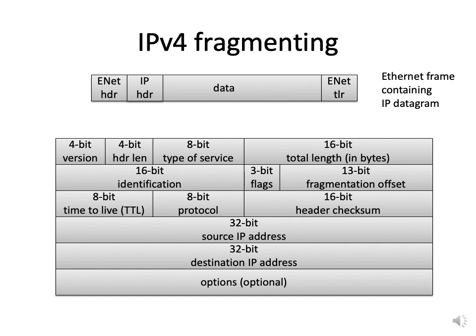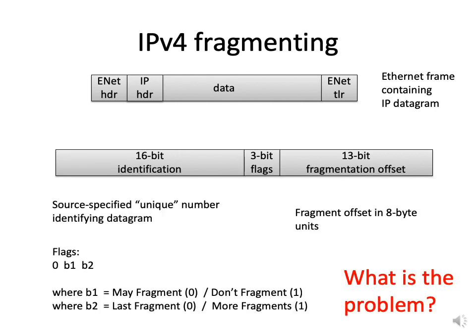In this, there is some fragmentation information in the middle, these 3-bit flags and the offset. These flags tell you, is this part of a fragmented IP packet? And is it the first packet, the middle packet, the last packet? And if it's a fragment, how far into the packet does this fragment come? So the question is, do you see any problems with this?